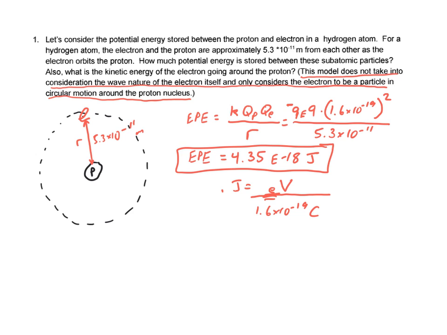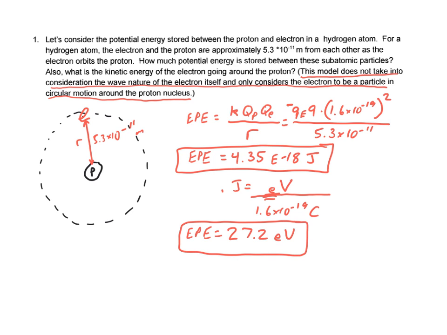So what is the same answer in electron volts? It will be electric potential energy will be equal to that 4.35e negative 18 joules divided by 1.6e negative 19, which gives me negative 27.1 or 2 electron volts.